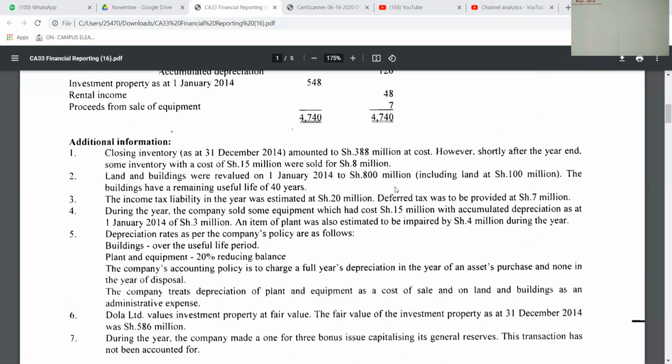I said that inventory is measured at the lower of cost and net realizable value, under International Accounting Standard 2. And that is what we have to do here in order to determine our correct closing inventory.